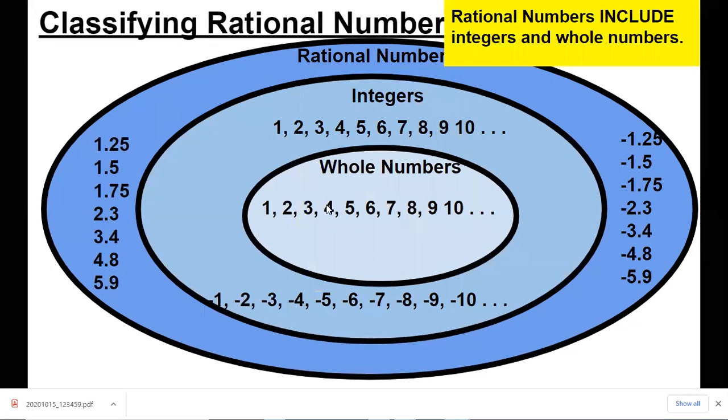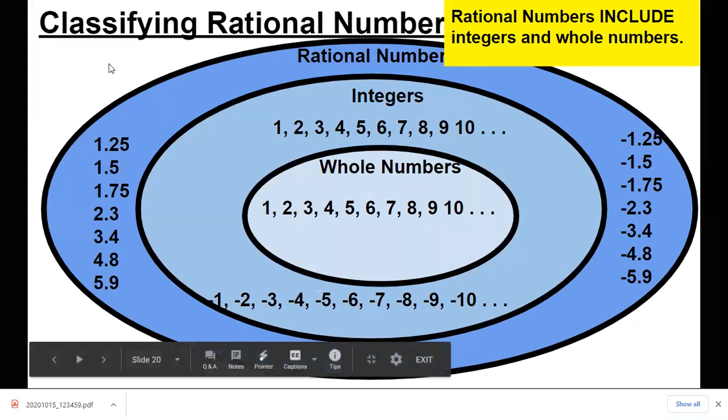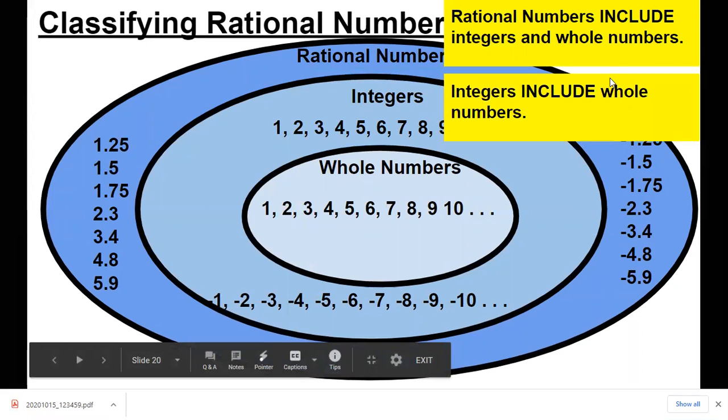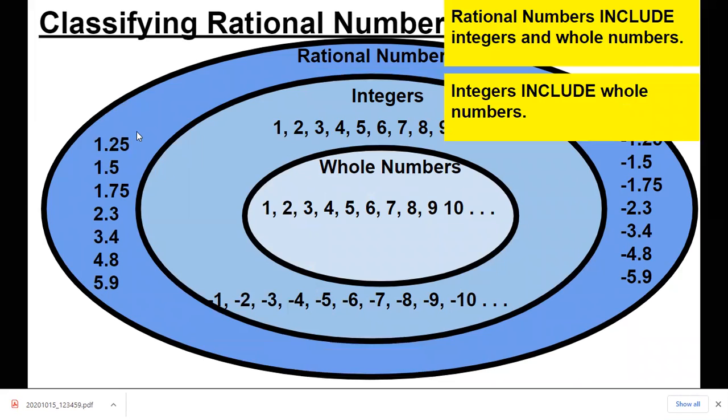So if the circle is inside a bigger circle, all those numbers that are in the smaller circle are also part of the bigger circle. So the whole numbers are also part of the integers, and the integers are also part of the rational numbers. Whole numbers are integers and rational numbers. Integers are just integers and rational numbers. Okay? And integers include whole numbers, right?